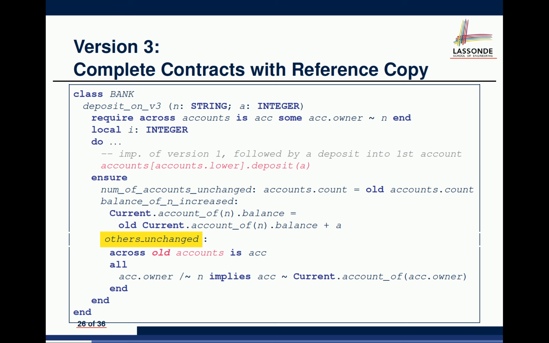I think maybe the trickiest part for this particular contract is when you call current.accountOf. Okay, why are you doing current.accountOf? Anybody can try to just explain to me what this is trying to say. This particular post condition here, others unchanged, just roughly, informally.